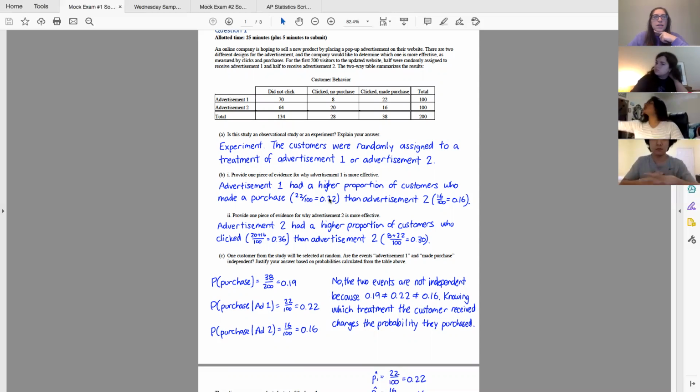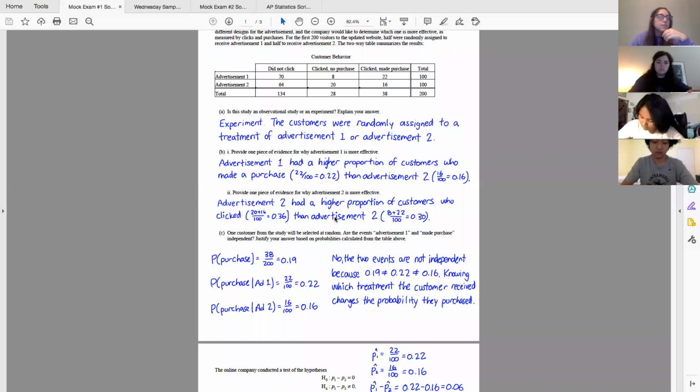So that's how we can prove that it was more effective, because more people bought ad one than ad two. And then a reason why advertisement two was more effective could be that more people clicked on advertisement two than advertisement one.